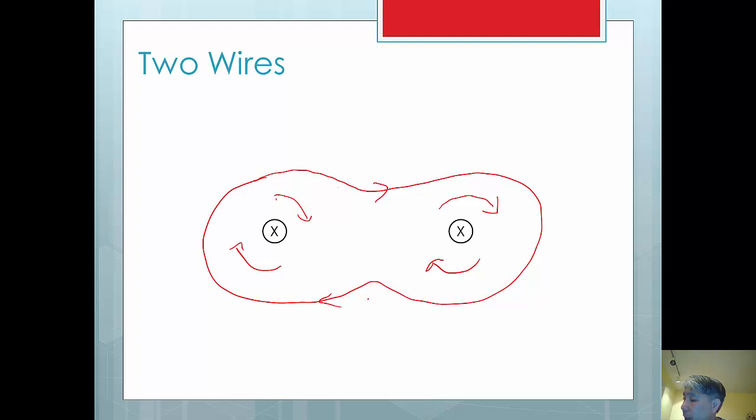It almost looks like a pair of eyes. And this is a picture that we've seen before, or something similar, in equipotential surfaces from two positive or two negative charges.